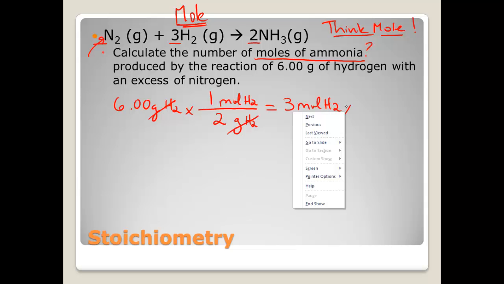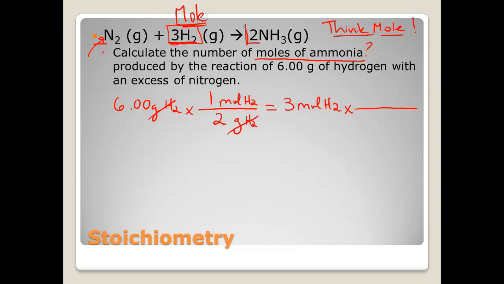Now we need to figure out our recipe. Look at our balanced equation. For every 3 moles of hydrogen, we will produce 2 moles of ammonia.